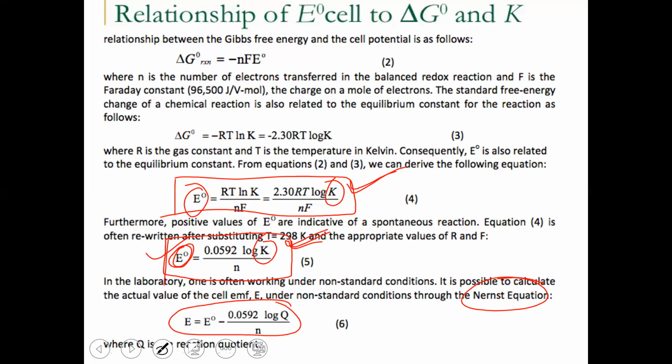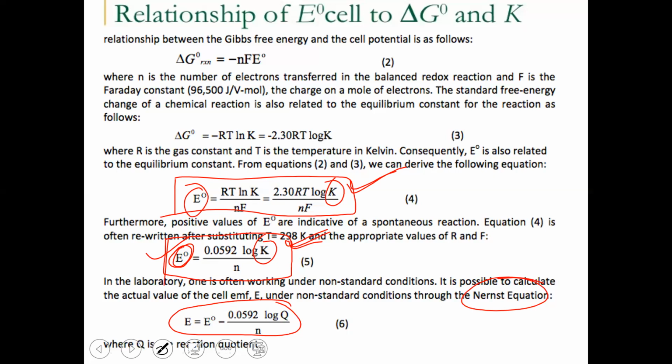That is E is equal to E naught minus 0.0592 log Q by n. Here Q means the reaction quotient, which is related to the concentrations of the reactants and products.